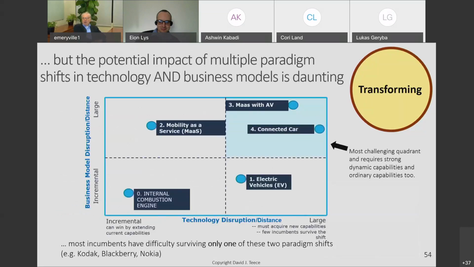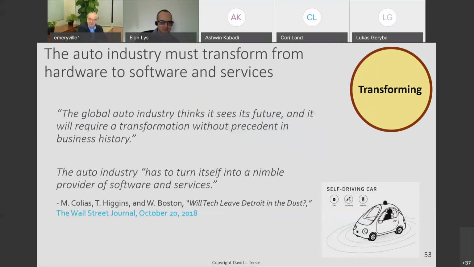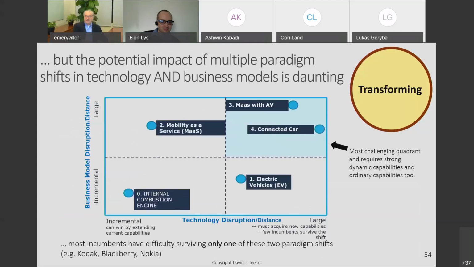Here is my effort. That last statement, this will require transformation without precedent in business history. Before I saw that statement, I had made this diagram, which on the horizontal axis has the amount of technological disruption that's taking place, because of not just moving from internal combustion to electric and to hydrogen, but also changing the business model.